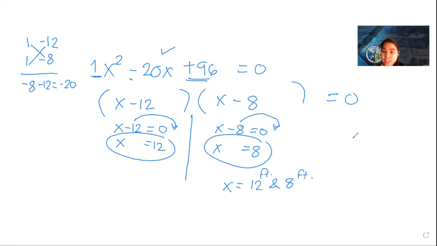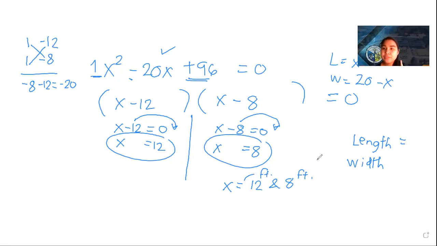But the question is, what's the length and what's the width? Remember, our length is x. Our width is 20 minus x. So our length is x. Which one? 12 or 8?